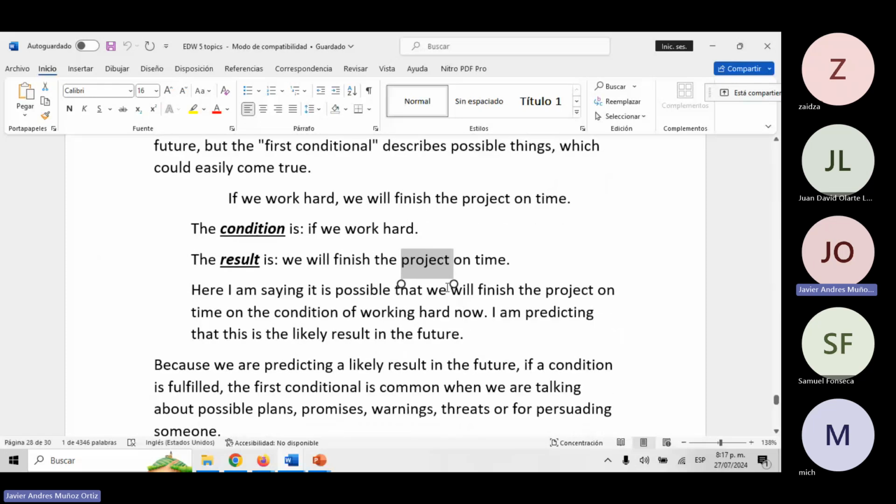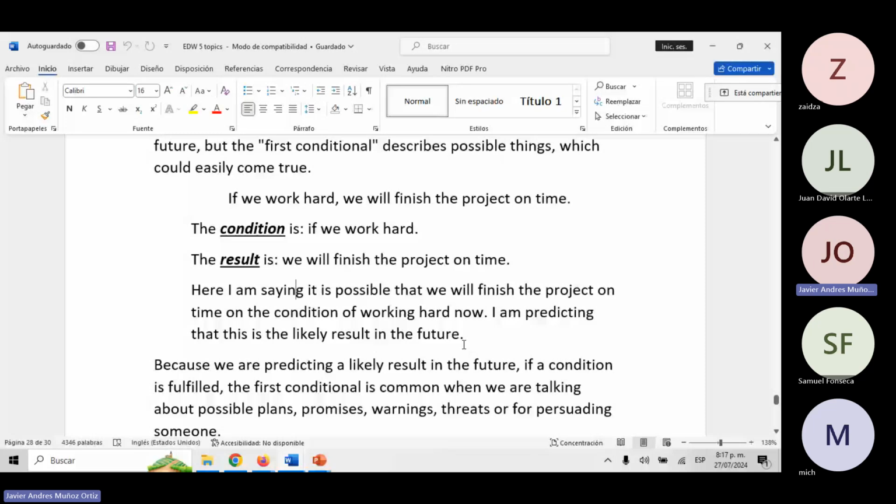So in this case, we are saying that it's possible that we finish the project on time, taking into account the condition of working hard. So we know that when we work hard, we normally finish our projects on time. So we are predicting that this is the likely result in the future, because we have the experience, we have the knowledge, right?